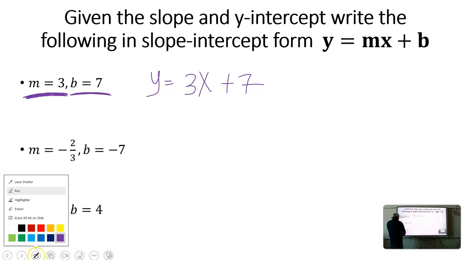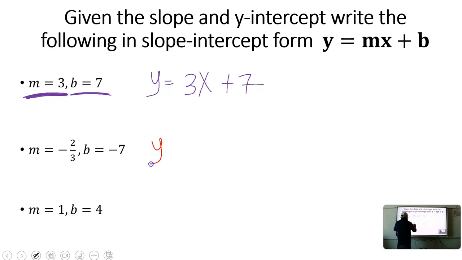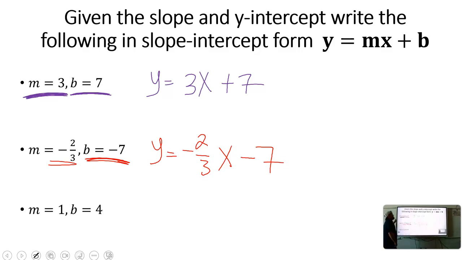For our second equation, y equals, what is my slope? My slope is negative 2/3. So I write negative 2/3 x, and my y-intercept is negative 7, so I write minus 7. And there is the linear equation in slope-intercept form. And then this last one, we have y equals, and my slope is 1.